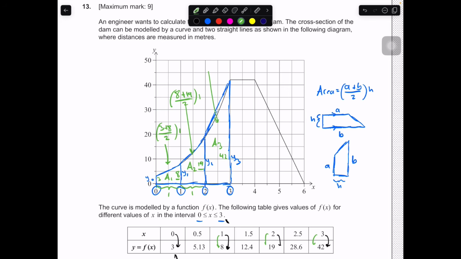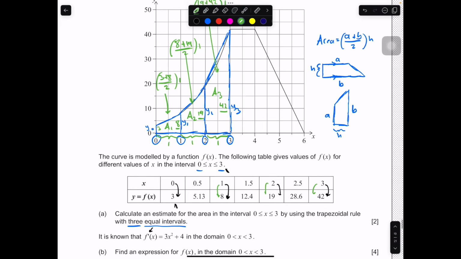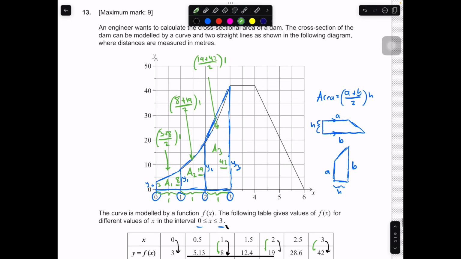And this last one right here, 19 plus 42 over 2, and then times the height of the trapezoid, which is 1. And if you take all of these areas, you will get this area under the curve. That's exactly what the trapezoid rule is doing. It's creating trapezoids and using these to approximate the area under the curve.